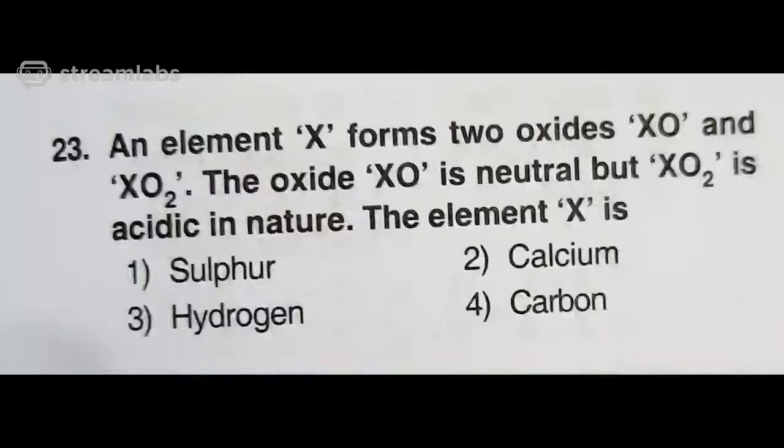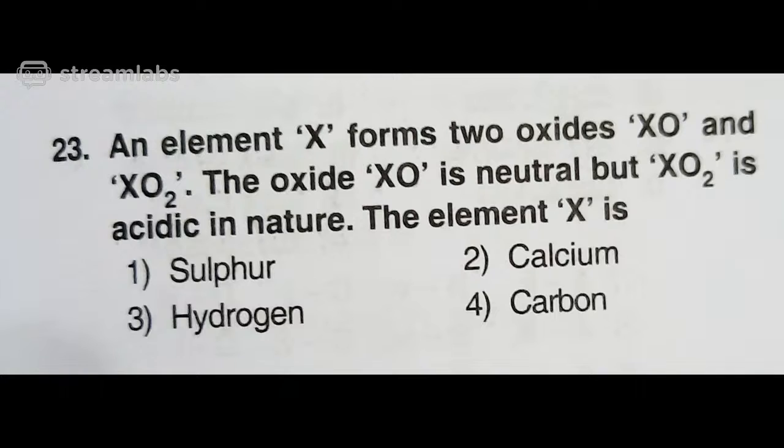Okay, this is very important. It may be asked in your board exam also. It will come in your board exam also. An element X forms two oxides, XO, that is monoxide, and XO2, that is dioxide. The oxide XO is neutral, but XO2 is acidic in nature.